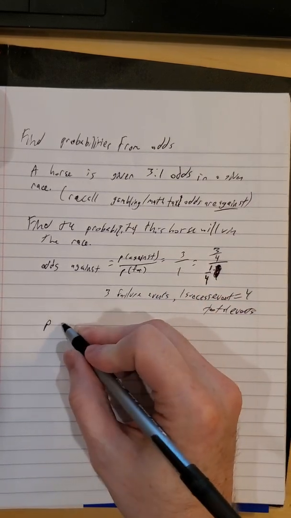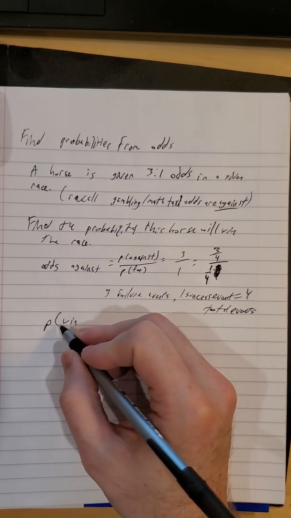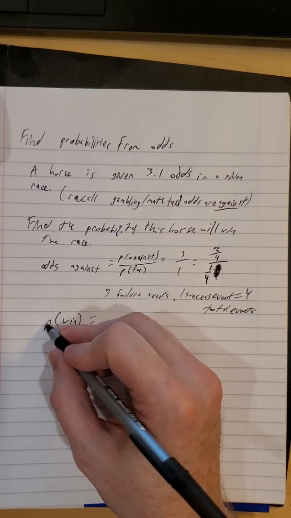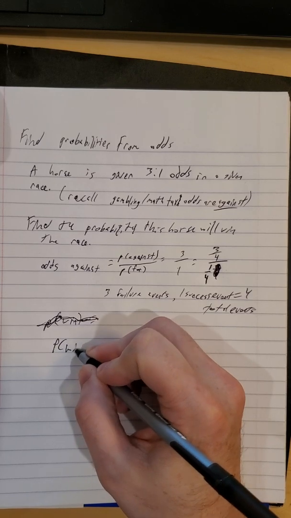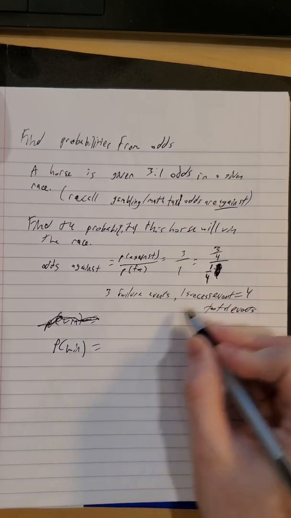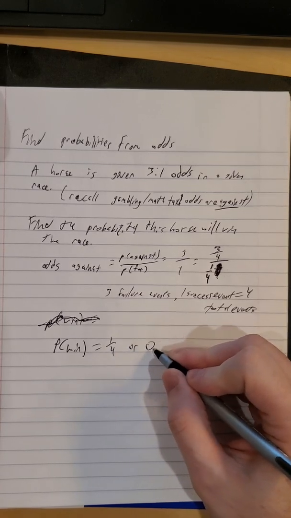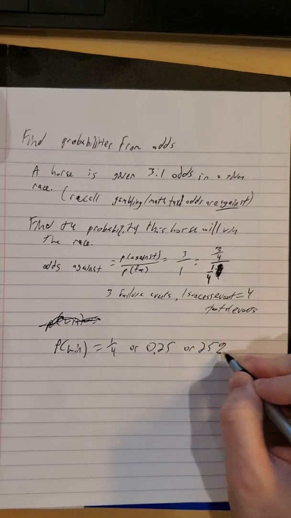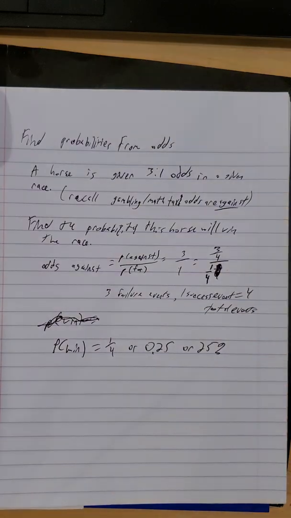So the probability for the horse winning, that should be a capital P, probability of win would be 1 in 4, or 0.25, or 25%. So a 25% chance that the horse will win the event.